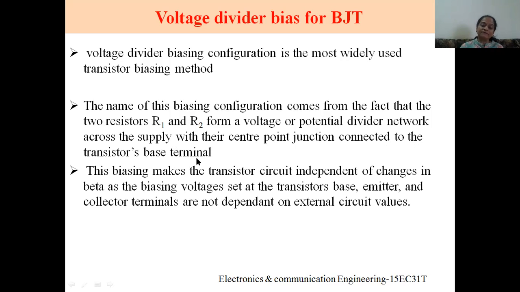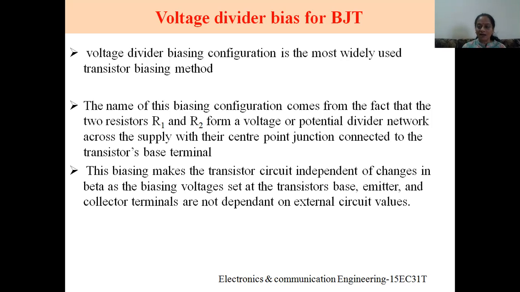So the voltage is divided across R1 and R2. That's why it is called voltage divider bias. It's also called the self-bias method, and it's the most commonly used and very important method of biasing. It is important because the biasing is independent of transistor parameters such as beta. So if beta changes, the biasing is not going to change.